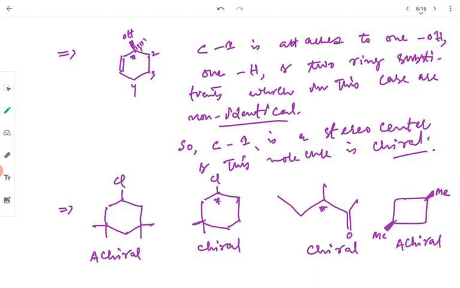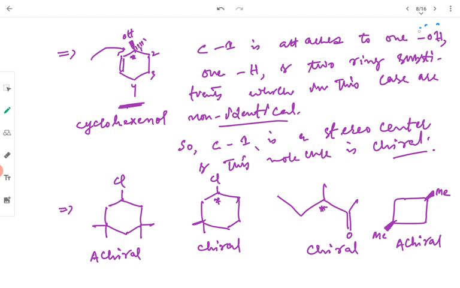This is cyclohexanol, this molecule. In the previous slide we saw cyclohexanol. Here you see this carbon number 1.